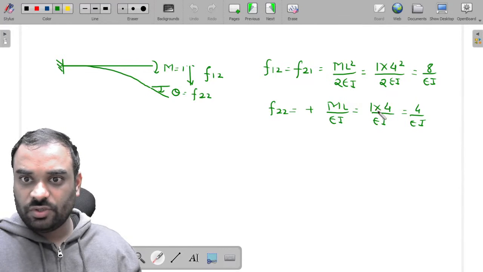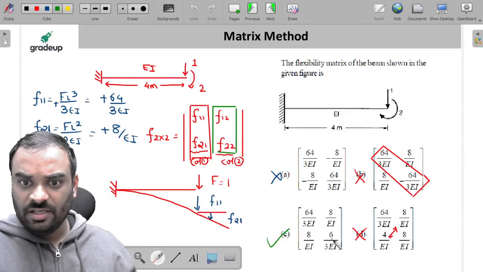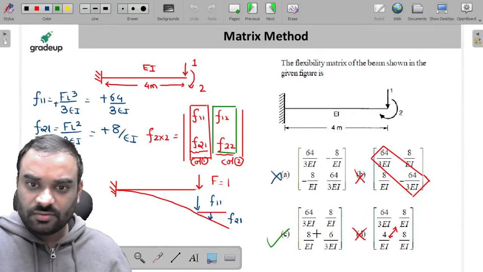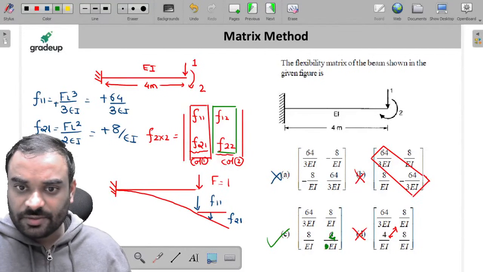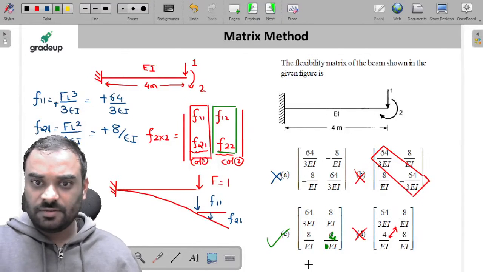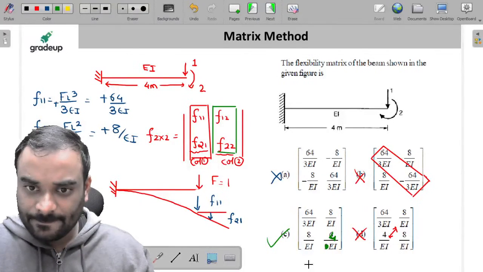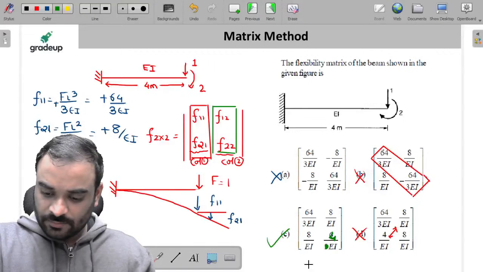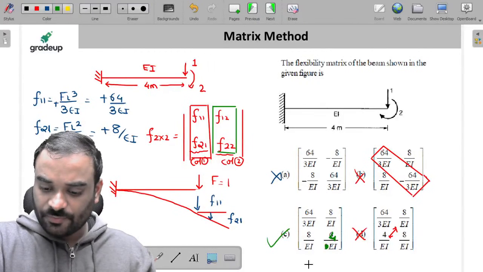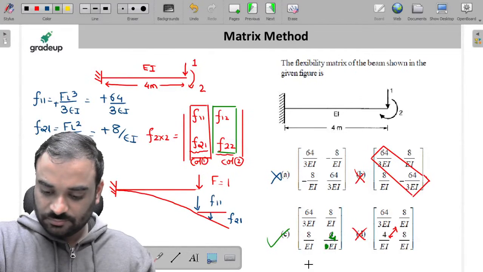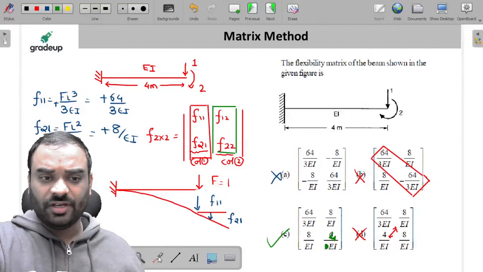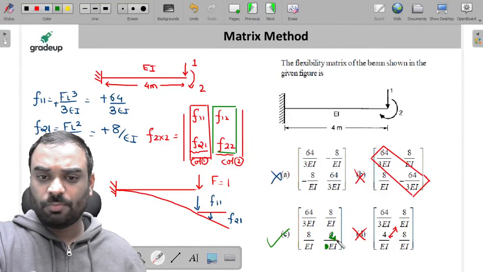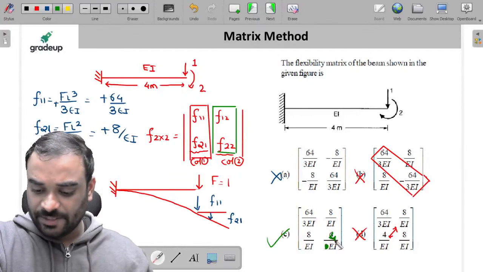It is 1. L is equal to 4 and divided by EI. 4 by EI. Yes, it should be like this one. You are correct. It should be 4 by EI, right? Now it is okay. I think there is some typing error over here. No problem, my friends. It is 4 by EI.